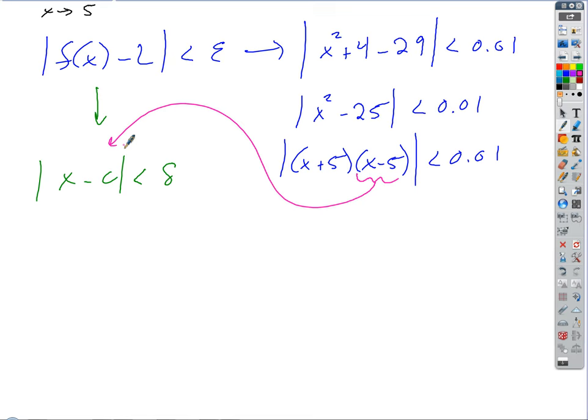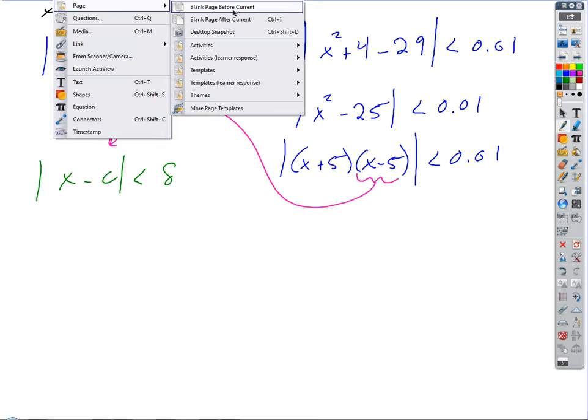Why are you not allowed to just take the square root of both sides on the x squared minus 25? Because that doesn't work. Because x squared minus a squared is not equal to x minus a, the square root of that, right? But if you took the absolute value of both sides.